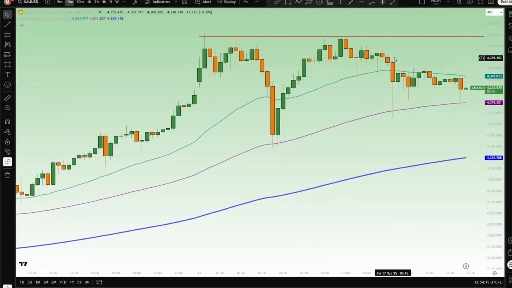Dragonfly doji is also a sign of indecision in the market. That is not a confirmation of a bearish signal, right? We need to wait for more detail.